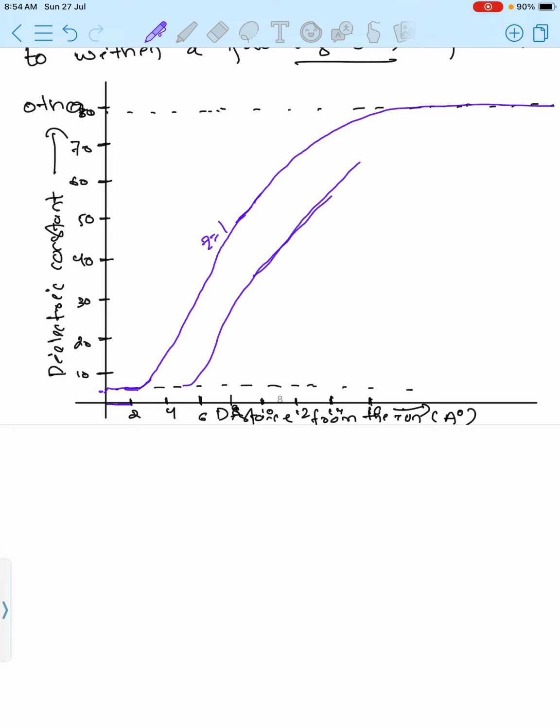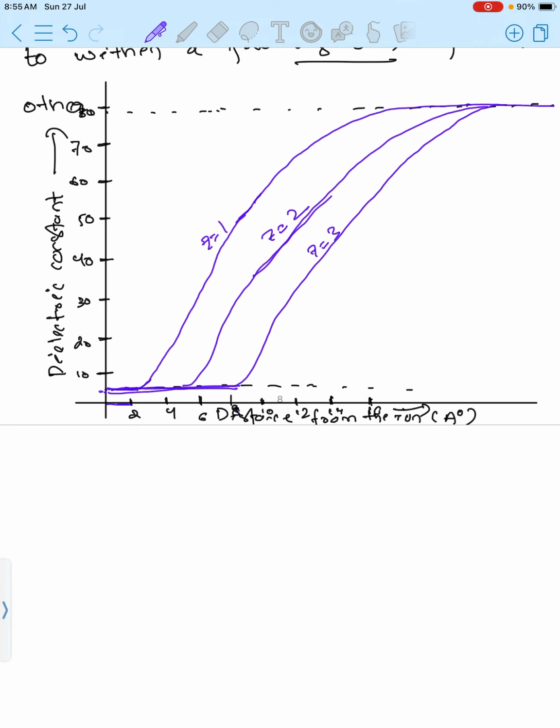And for Z equal to 3, we are observing a similar type of curve, but just observe for how much distance, if the charge on the ion is very high, the value of the dielectric constant for the water remains very small.